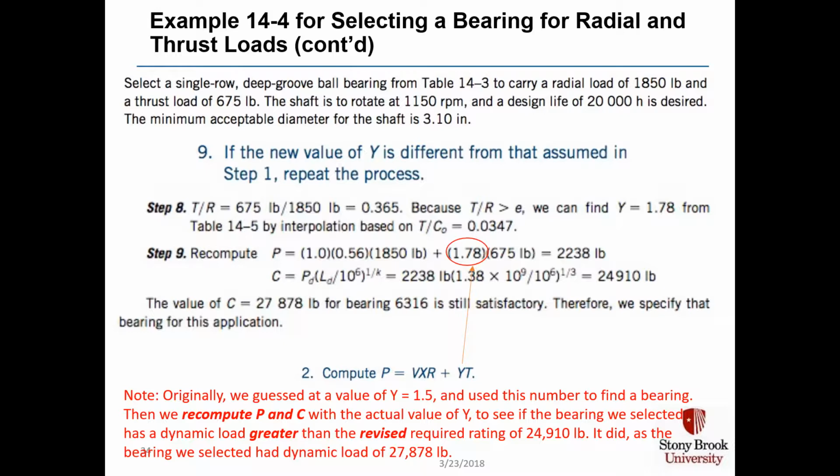So now we see that P equals 2,238, and recalculating C, we get 24,910. But these values are still acceptable for the 6316 bearing because the 24,910 is less than the 27,878 dynamic load rating for the bearing.